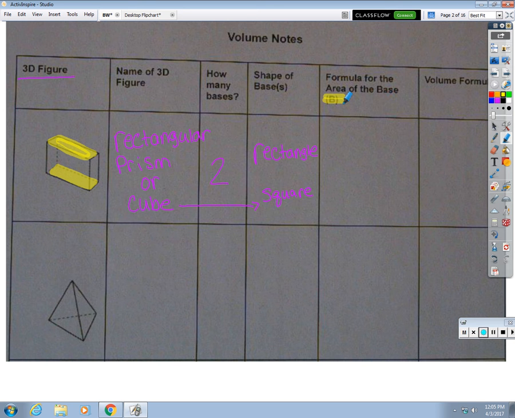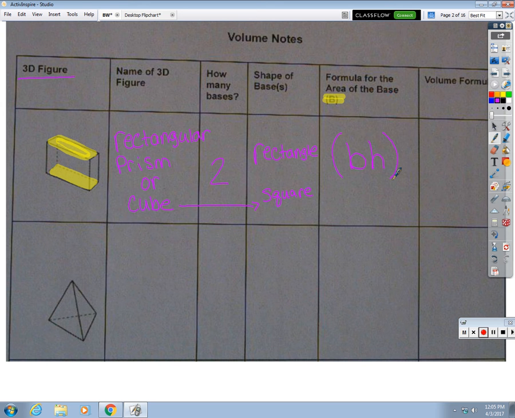If we know it's a rectangular prism, and we know the shape of the base or bases, then we can write the formula for big B. So our big B here is going to say in parentheses, what formula have we been using to find the area of a square or rectangle? Okay, so we're going to do B times H.